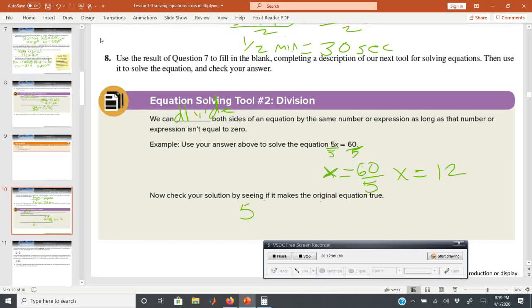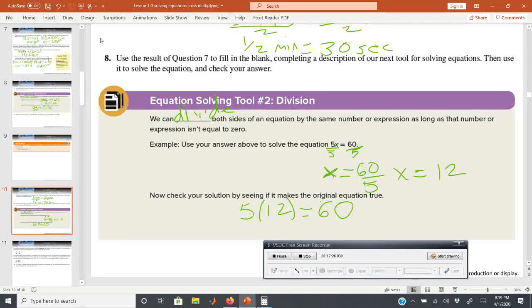Division answers the question, what do I multiply by? The way we do that in algebra, we say we're going to divide this by 5 to get x.